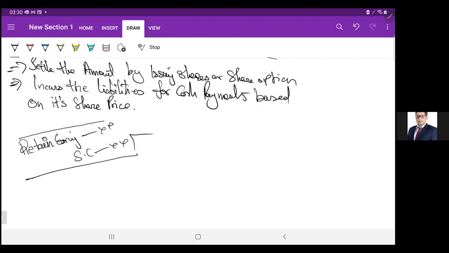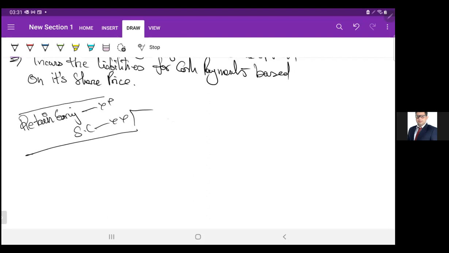And they did not recognize the expense. And obviously, when you do this, what happens? They are not showing the actual expense that occurred, due to which the shareholders of the company were unaware of how much expense has occurred by providing the shares to the suppliers or employees, right?